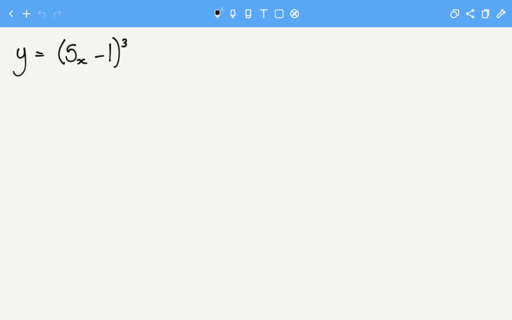Just like the last question, we will make g equal 5x minus 1. So y now equals g to the power of 3, because we've substituted that g in.